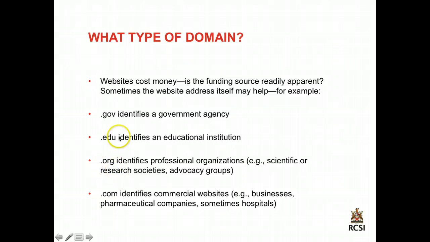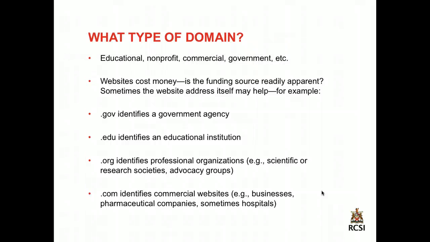It's not 100% bulletproof. Certainly in the .gov, it is. The American government guard it closely. And we're down here with .com, a commercial website. Could be anything. Sometimes a hospital, sometimes it can be, I know certainly in the college's case, we've used .com domains, but that's in an effort to stop other people using them.